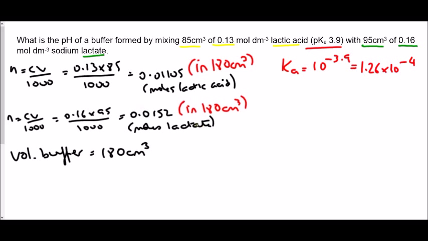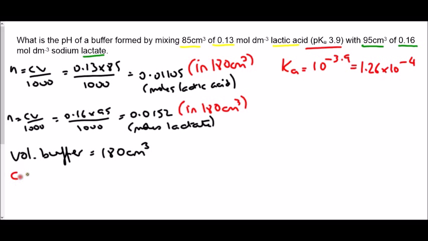So now I'm going to have to go back into concentrations, because obviously in mixing these two solutions I've changed the concentrations. I've no longer got 0.13 moles per decimetre cubed, because it was that when it was just in the 85. I've now added an extra 95 centimetres cubed of fluid to dilute it.